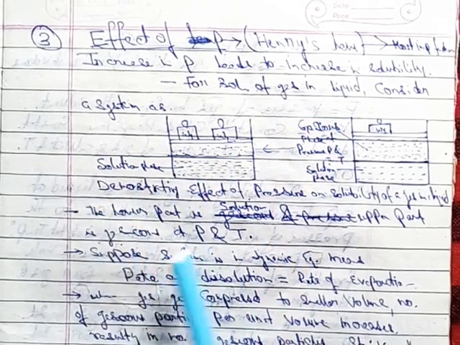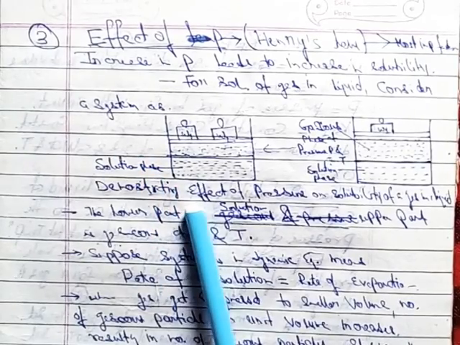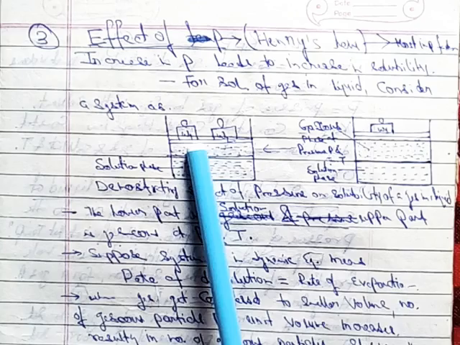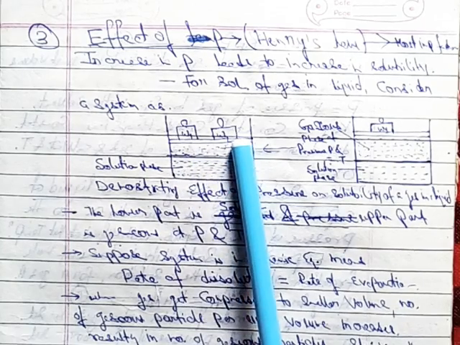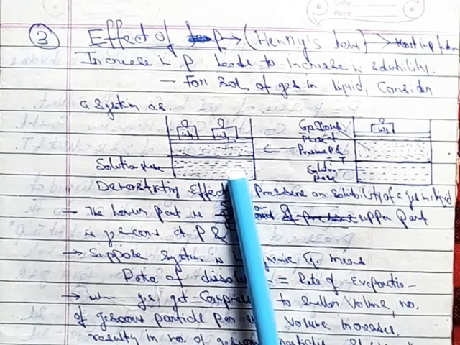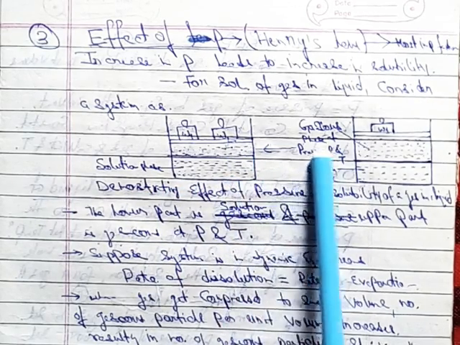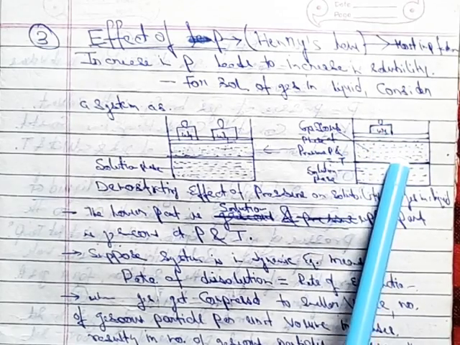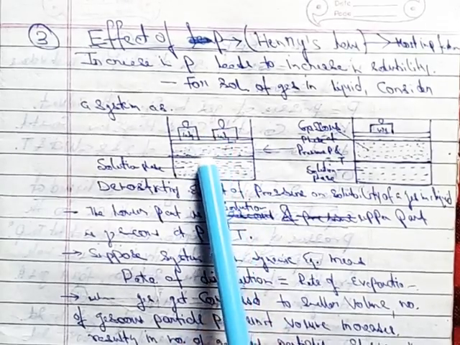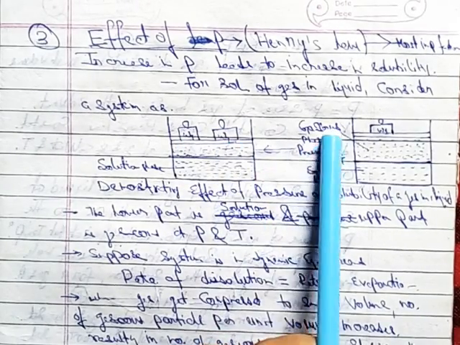Just consider a system. A system is given for a solution of gas in liquid. We have taken a weight; let the first weight be W1 and the second be W2. The solution phase is shown here. When we compress the container by applying the weight, what will happen?